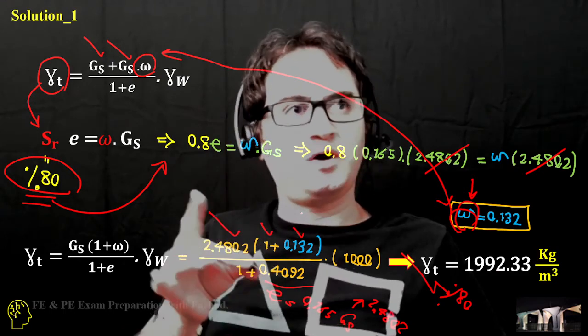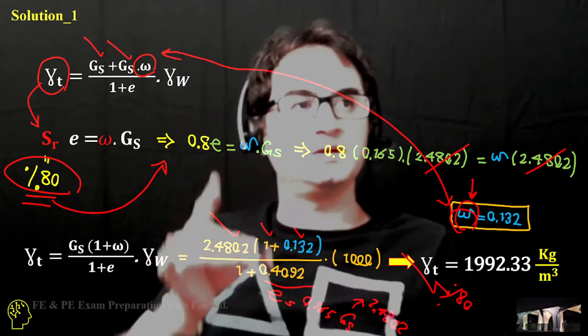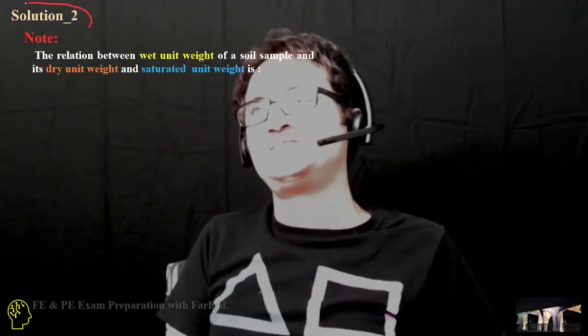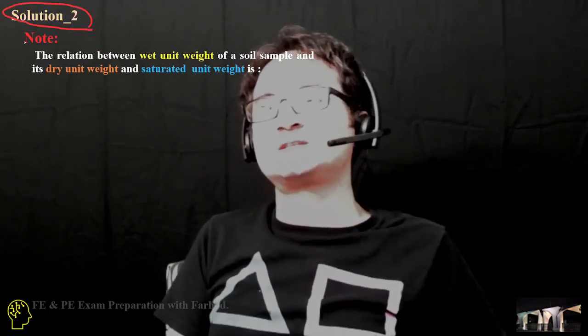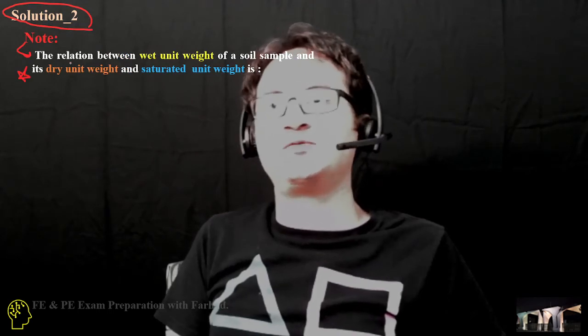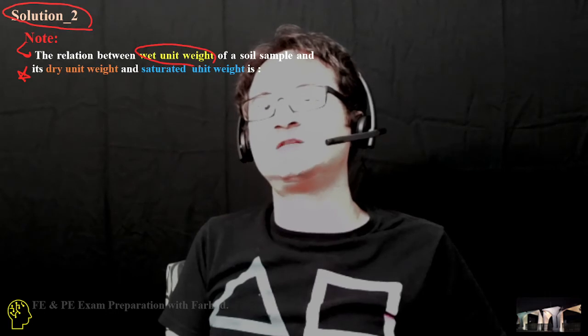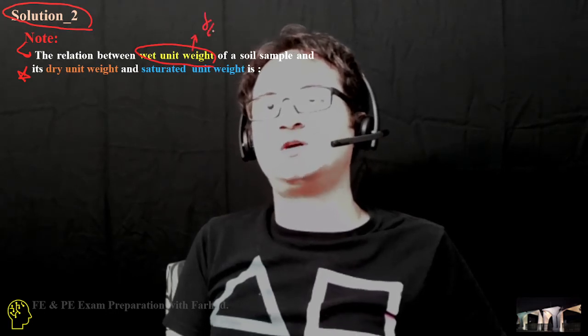The interesting part is that we can solve this problem in a far easier approach. Solution 2: if you remember, we had a relation which connects the wet unit weight, which here stands for gamma total.